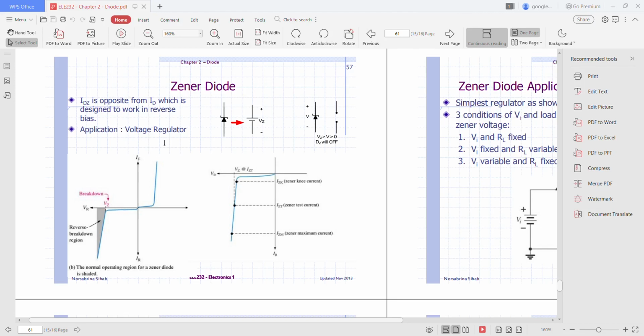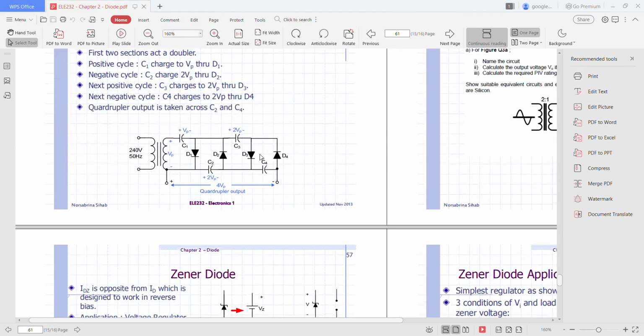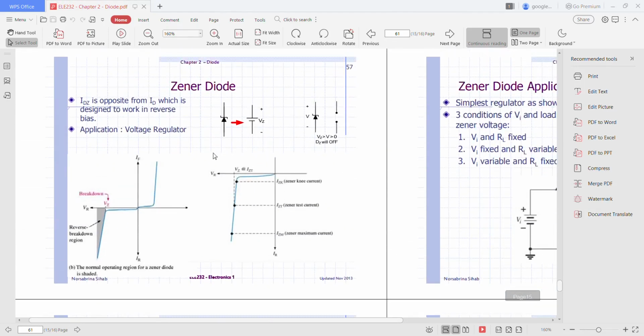Today our topic is about Zener diode. So the analysis of network employing Zener diode is quite similar to the analysis of semiconductor diode in previous section.